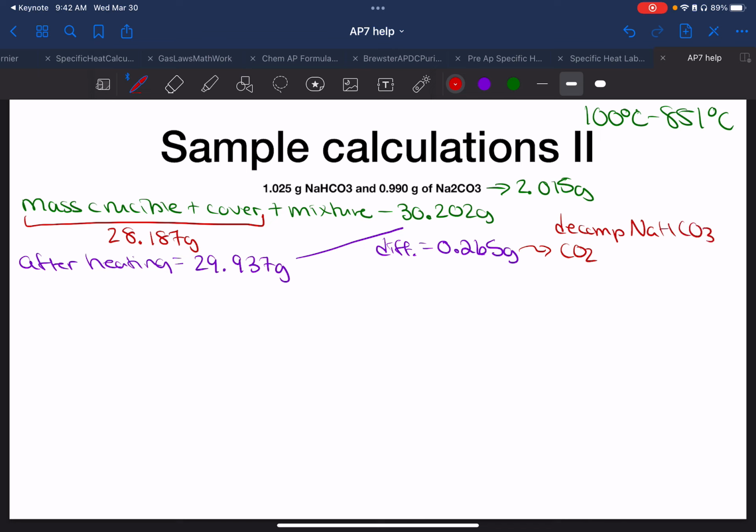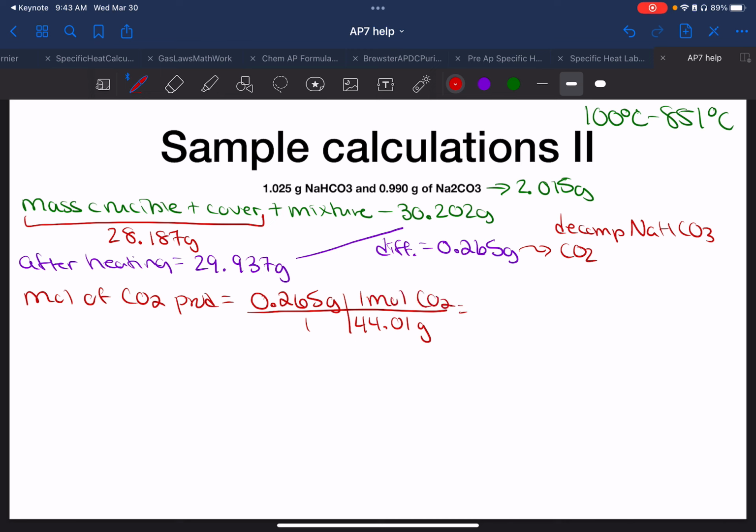Okay? So if I take the moles of CO2 produced, then I get 0.265 grams, and I'm going to take 44.01 grams to 1 mole of CO2, and we're going to get 0.00602 moles of CO2. So you've got to do that calculation. All right.